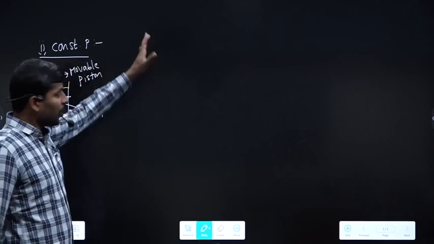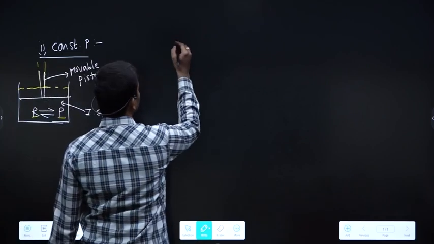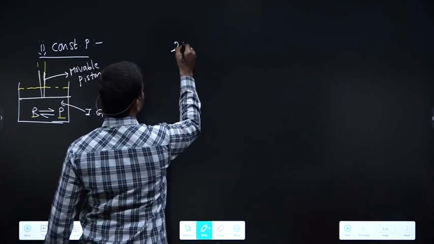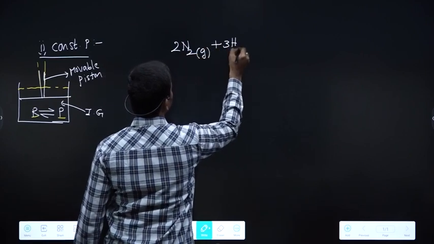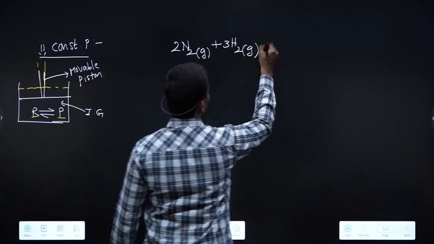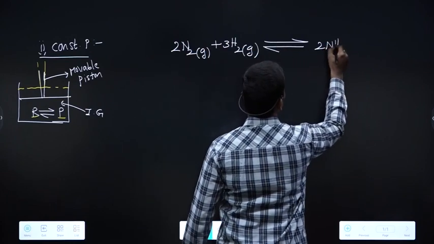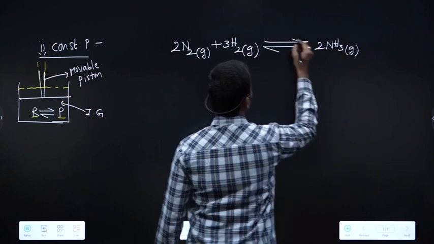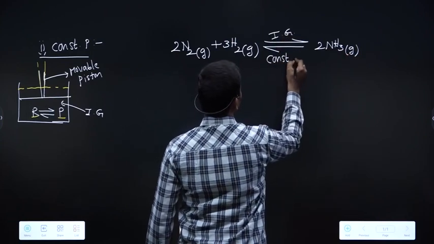Okay. Now I am taking the same 3 reactions, which we previously considered. 2 moles of N2 gas plus 3 moles of H2 gas gives 2 moles of NH3 gas. Tell me what is the effect of addition of inert gas at constant pressure?